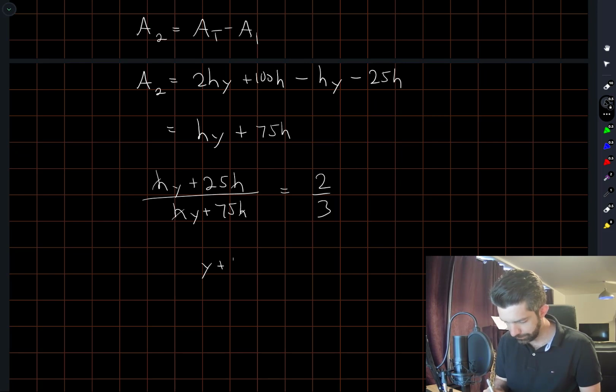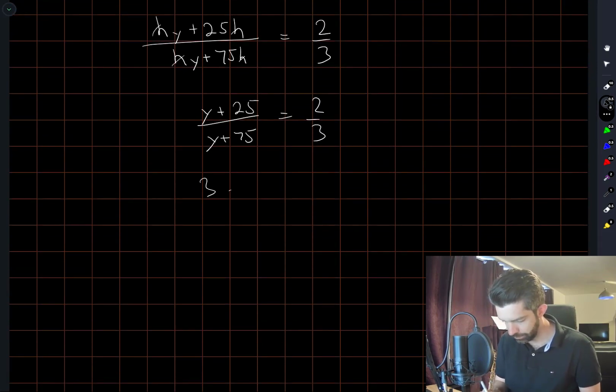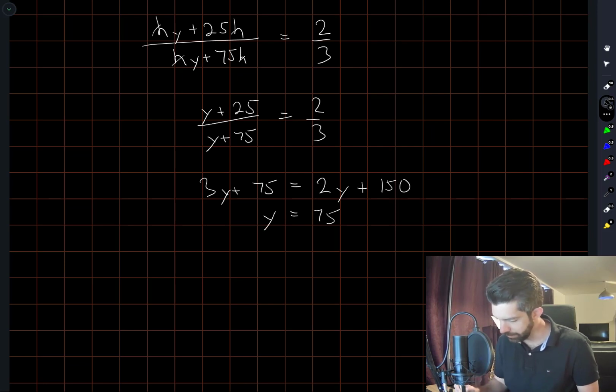Y plus 25 over y plus 75 is equal to 2 over 3. So 3y plus 75 is equal to 2y plus 150. Y is equal to 75. Excellent. So that's very good.